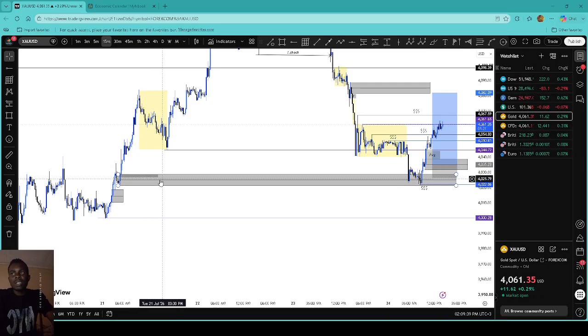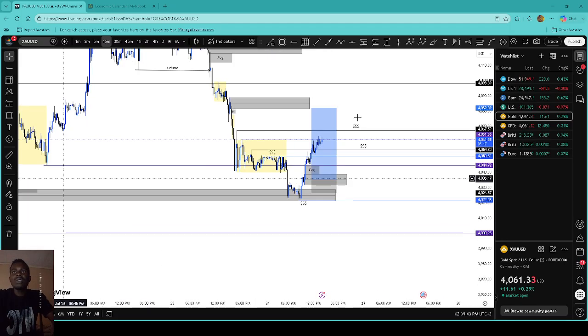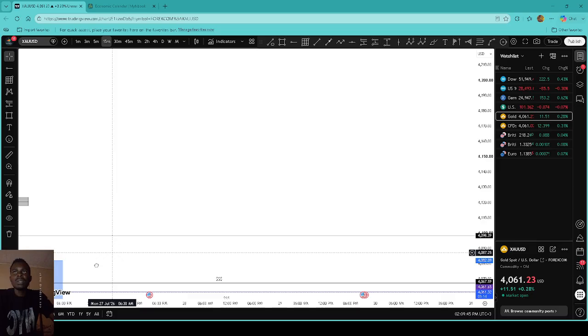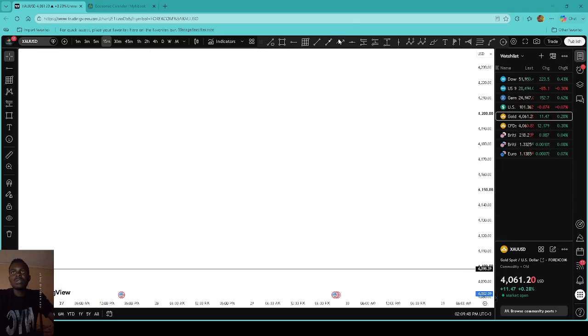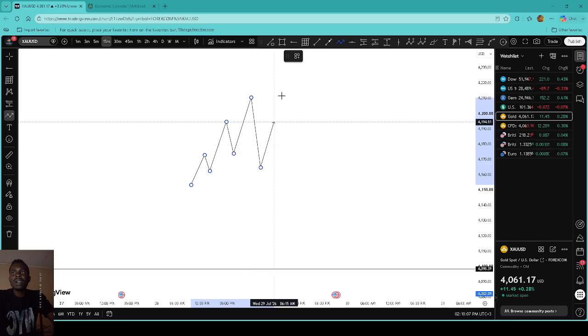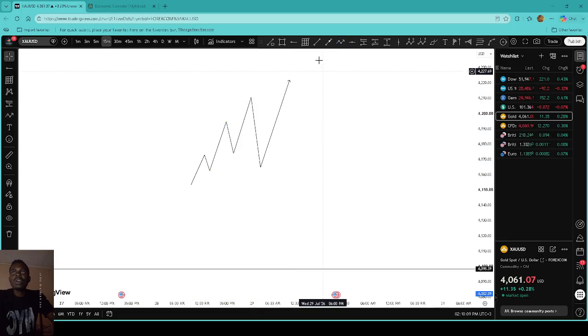When you meet this type of pattern, let me draw it for you. You have price going up, coming down, going up, then it comes to a point and goes up. Now you wait for price to sweep this point, then come to your order block, maybe somewhere here, and then you target the high.